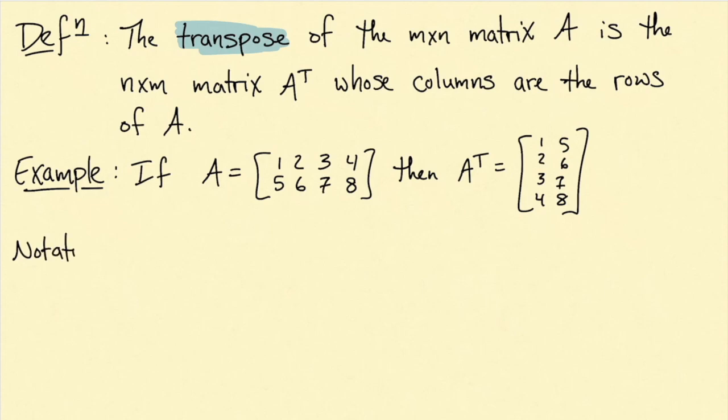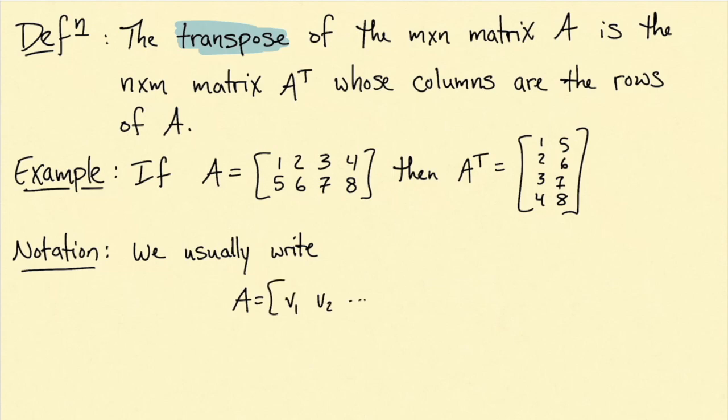Some notation: when we specify an m by n matrix using its columns, we have been using the shorthand A is equal to v1, v2 down to vn. If we transpose this matrix, then we use the shorthand A transpose is equal to the column v1 transpose, v2 transpose down to vn transpose.